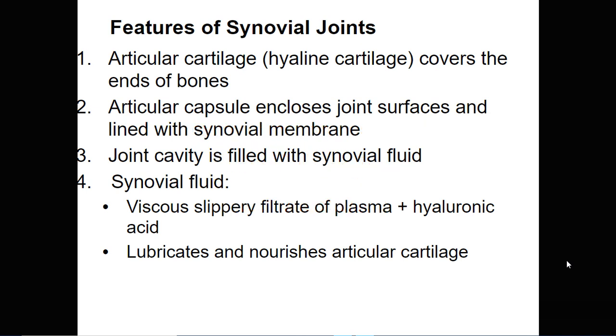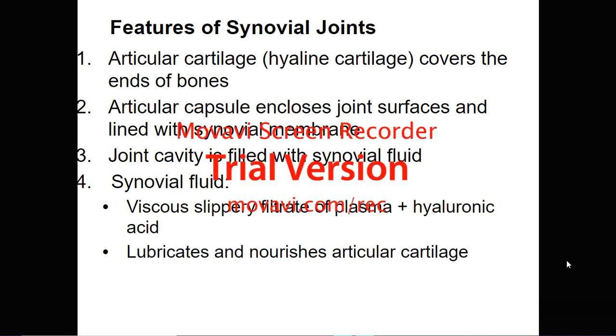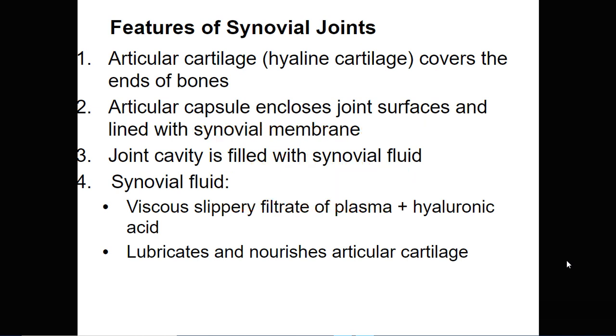Then you also have an articular capsule that surrounds the joint cavity. The articular capsule has 2 layers. It has a tough external fibrous layer, composed of dense irregular connective tissue. Internal to the fibrous layer, you have a synovial membrane, which is composed of loose connective tissue.